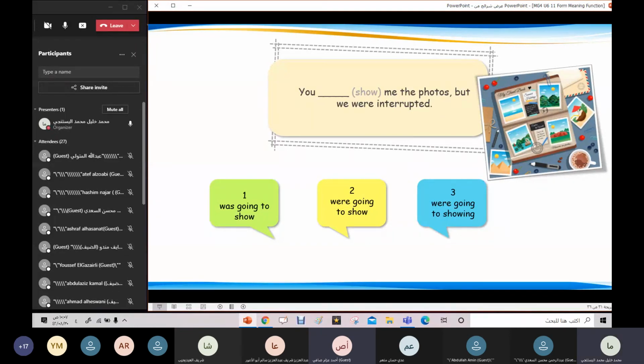You were going to show. Good. There was no, because you doesn't take was. So it will be were. You were going to show me the photos, but we were interrupted. Good. Yes.